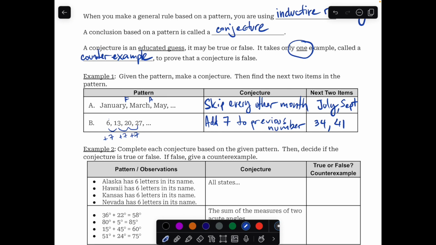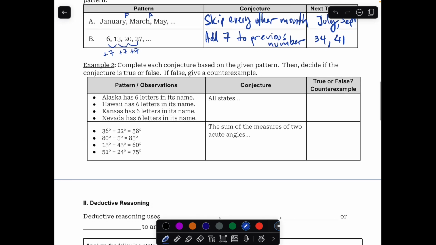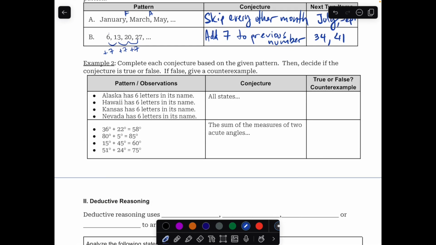Okay, so now let's look at example 2. In example 2, after we make our observation, we make a conjecture, and we're going to determine if the conjecture is true or false. And if it's false, we'll add a counterexample. These are all states, and they say that there are 6 letters for all these states' names.